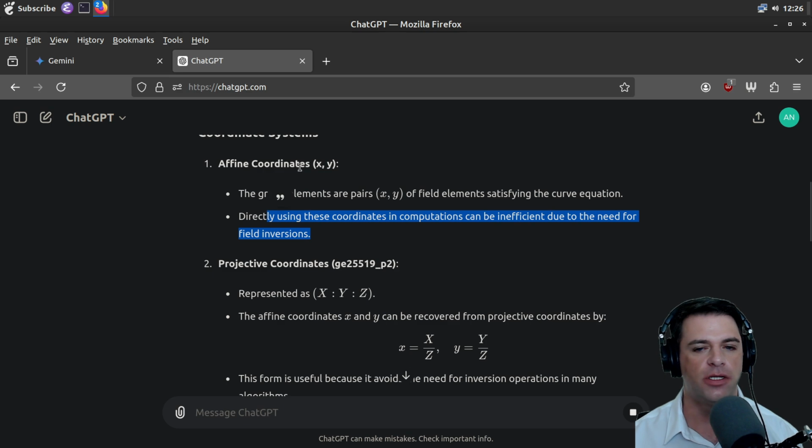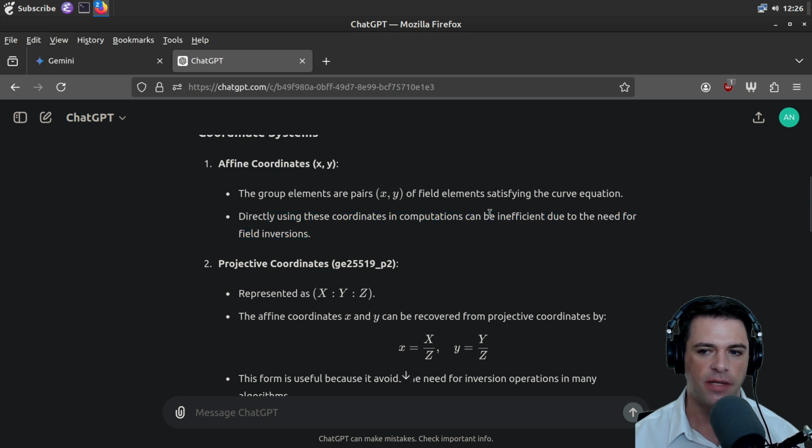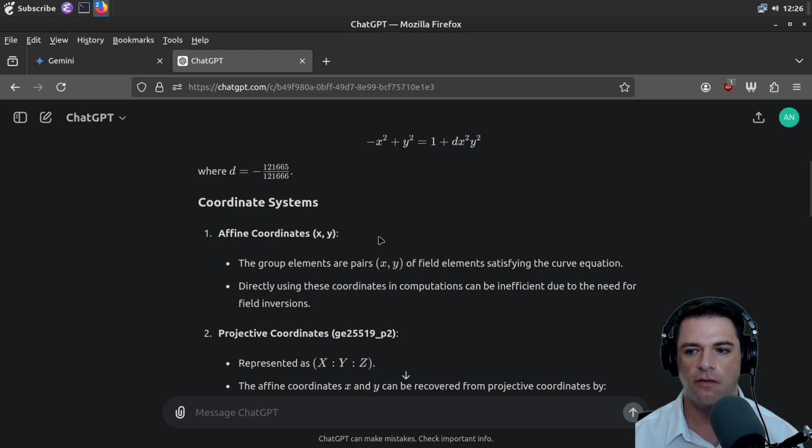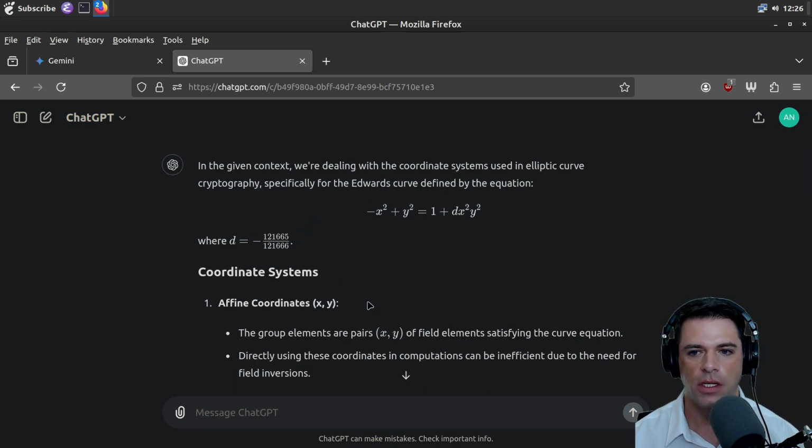So it says directly using affine coordinates in computations can be inefficient due to the need for field inversions.